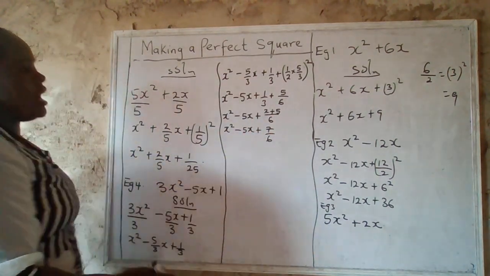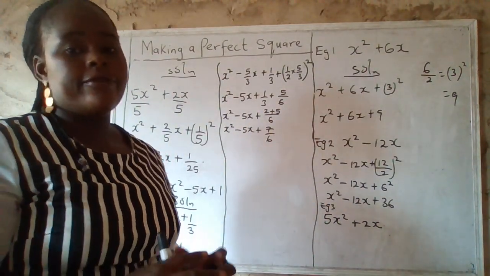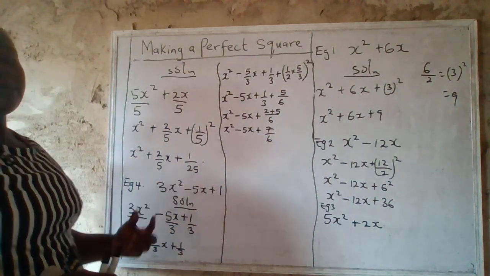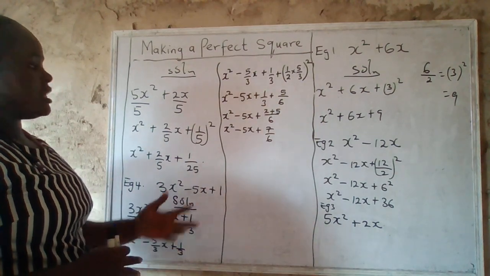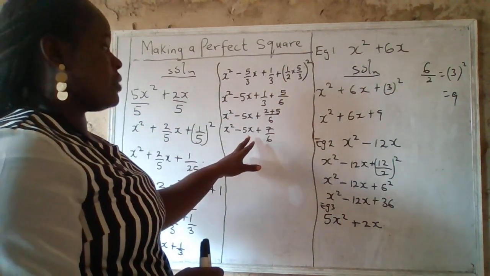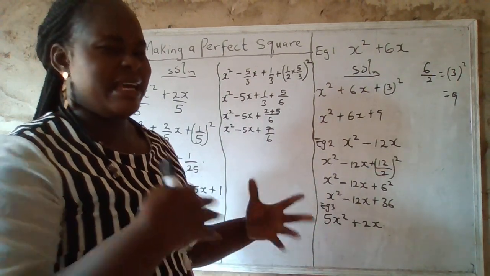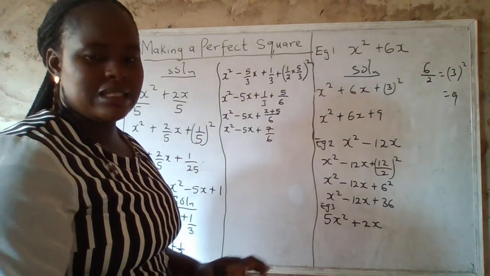Now, at this juncture, I would like to say something. If you ever want to clear fractions in your work, take the LCM of the denominators and multiply through by that. And that is exactly what I'll be doing here because I want to clear this fraction. I hate my work being in an improper fraction. Having 7 over 6, it looks dirty to me.